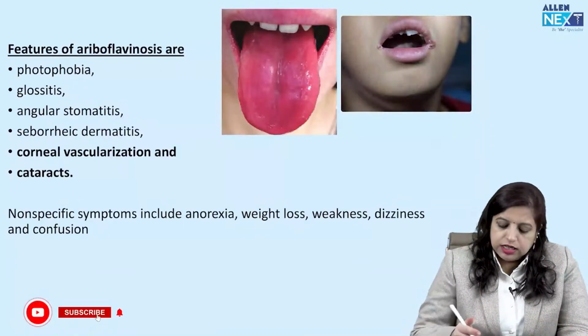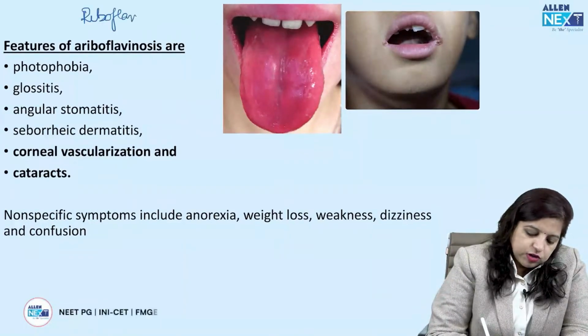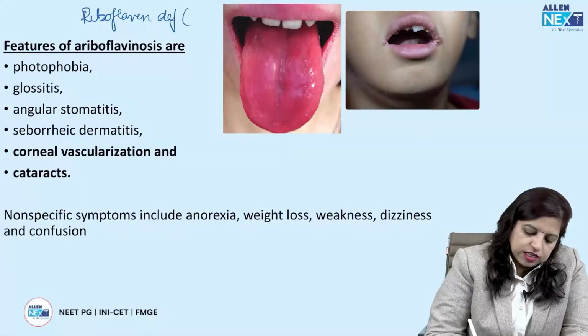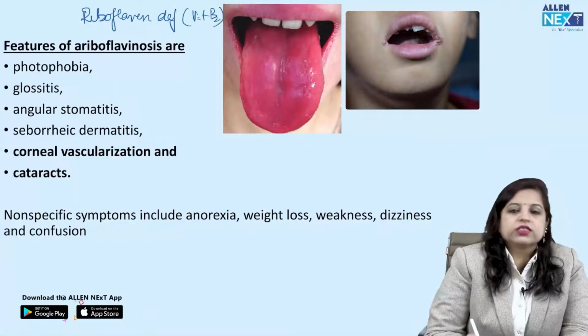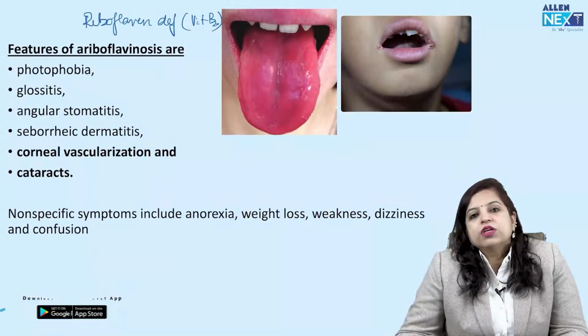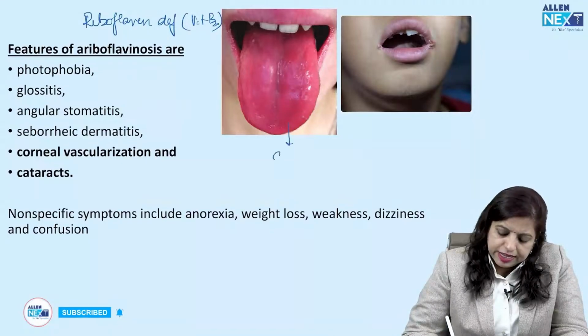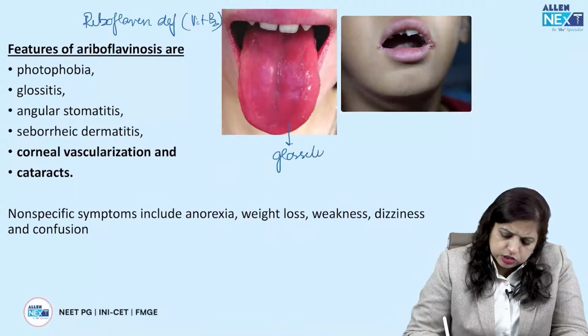Okay, then these are the features of riboflavin deficiency. And we all know riboflavin deficiency is nothing but vitamin B2, asked in your previous year as a question which has come in your previous year. So that is why I have put it over here. So this is nothing but an intensely red tongue. This is glossitis.